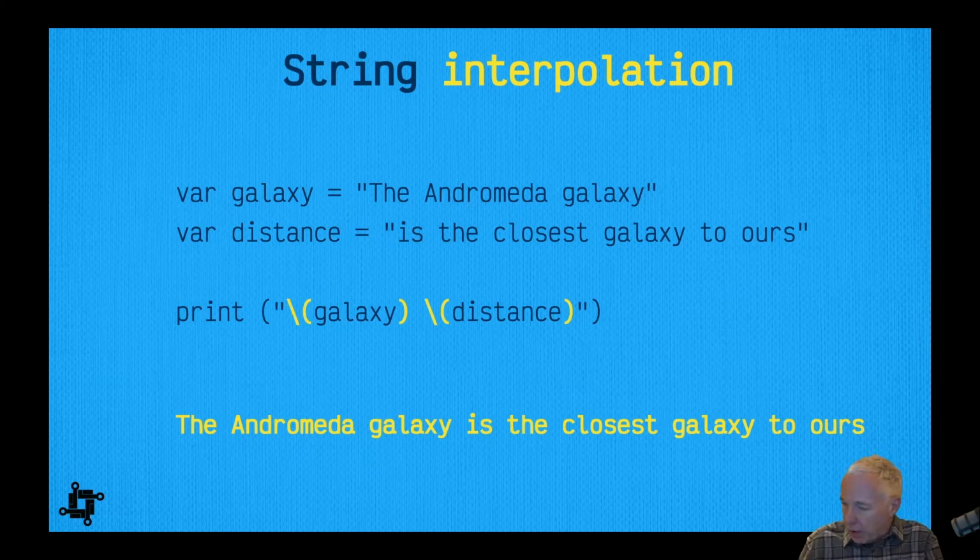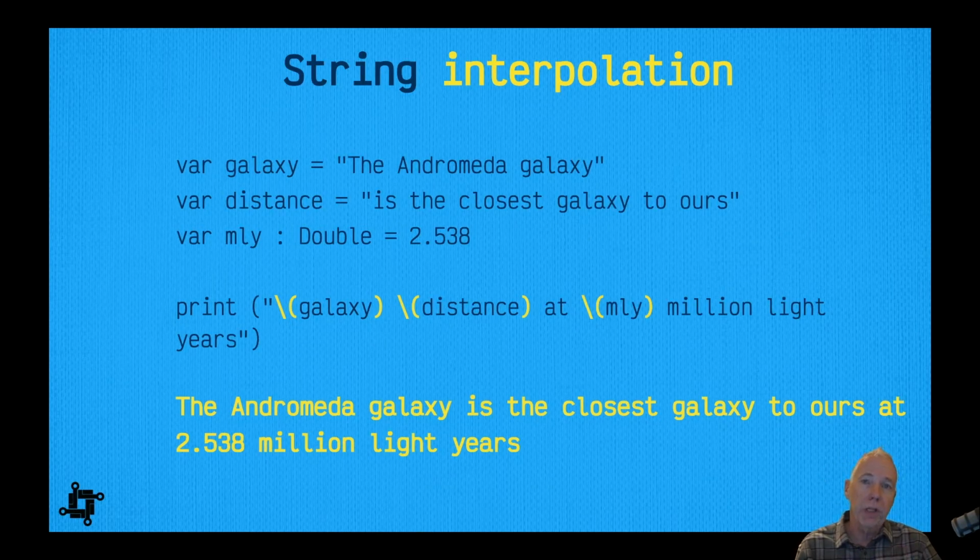So for example, here we have print, and then we say galaxy, and notice we have this backslash open paren close paren, and then we have the variable galaxy, which comes from this variable here, and then here we have backslash open paren close paren, and we have another variable distance, which comes from here. These will actually get replaced with whatever the value of that variable is.